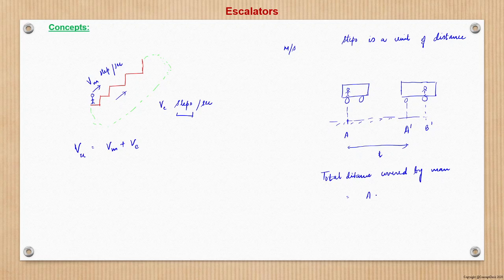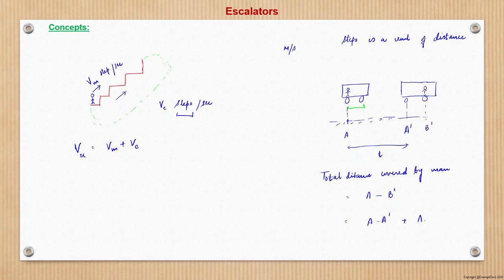So the total distance covered is A to B dash, out of which A to A dash has been covered by the bus, plus A dash to B dash, which has been covered by the man, because the man is also walking in that t seconds.